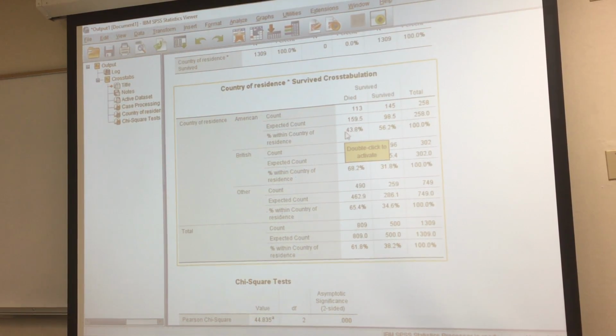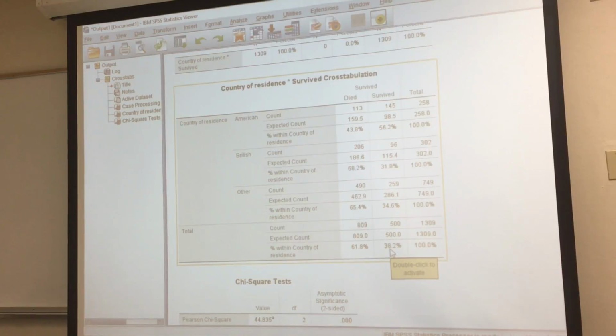You can see this percentage is a little bit lower than this percentage. So if you are American, you are less likely to die. That's what the number indicates. The percentage of American people who survived is higher than the percentage of people who survived overall, no matter what country you are from.